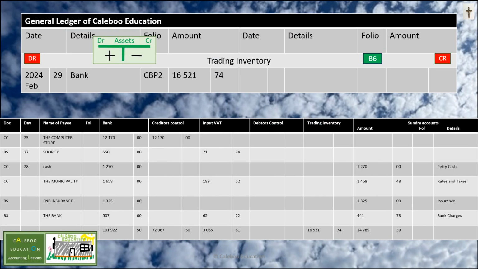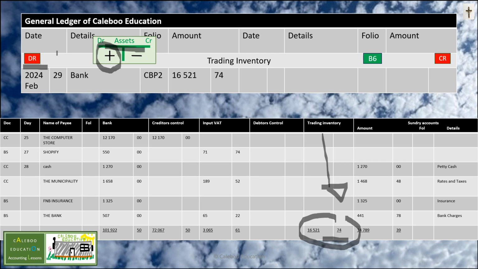And exciting news, the last posting we need to do is the total from the trading inventory account. Remember, trading inventory is an asset. When we buy stock, the value of the asset has increased. An increase in assets, the rule says we must debit the account.